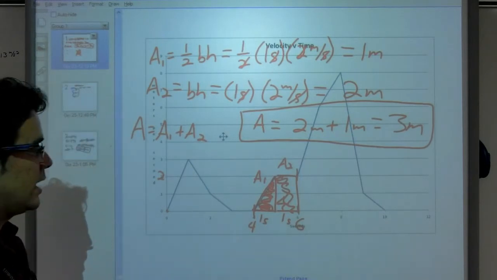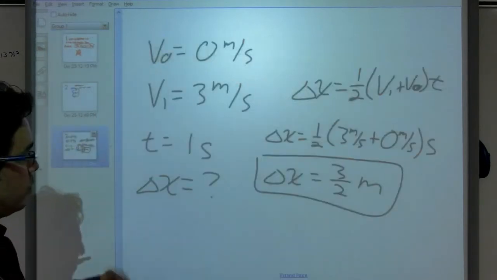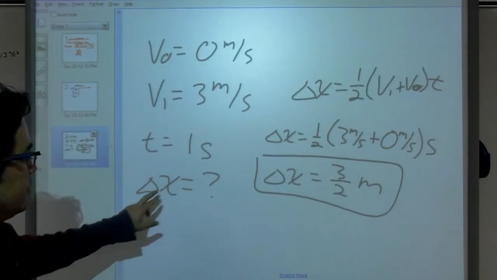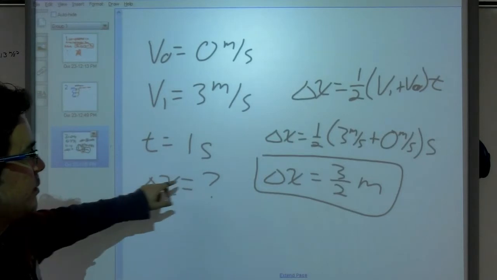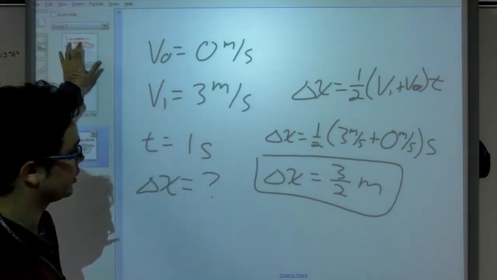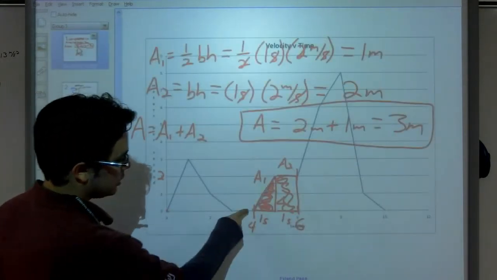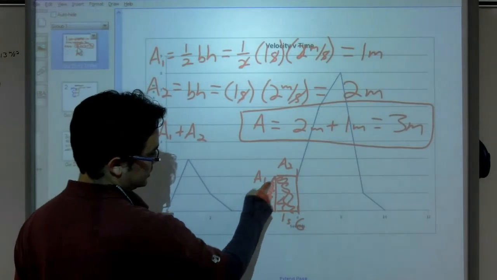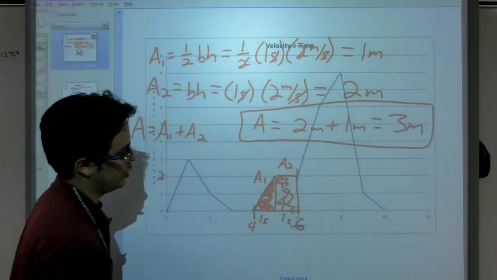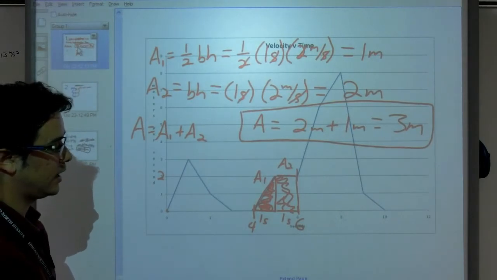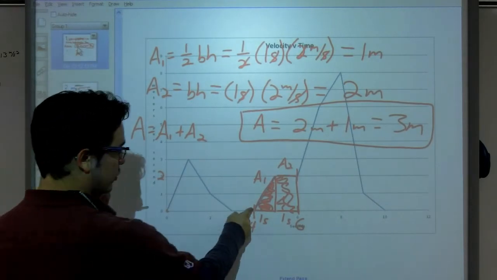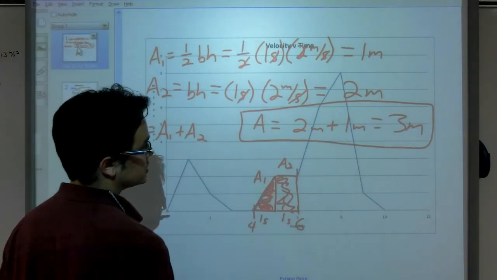Now, unfortunately, I can't go in and verify this for you, at least as easily, with the kinematic equations here, because my kinematic equations only hold when acceleration is constant. Well, I've got a slope here that isn't 0, and then a slope here that is 0. So during this period, I do not have constant acceleration. So what I'd have to do is break it up, and I can solve for the displacement here and the displacement here.